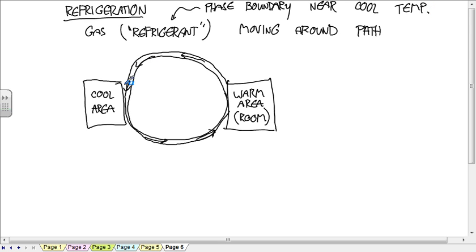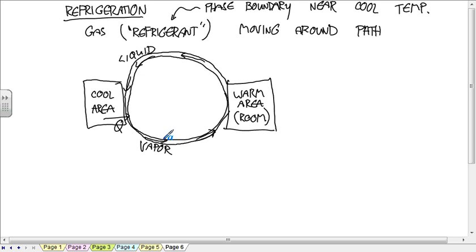So it comes in here. When it gets here, it is liquid. It's liquid that is slightly cooler than the cool area, and right on the edge of its phase boundary. It comes here. Since it's at a slightly lower temperature than the cool area, heat pours out of the cool area into it, turning it into a vapor. And it's still at the same temperature.